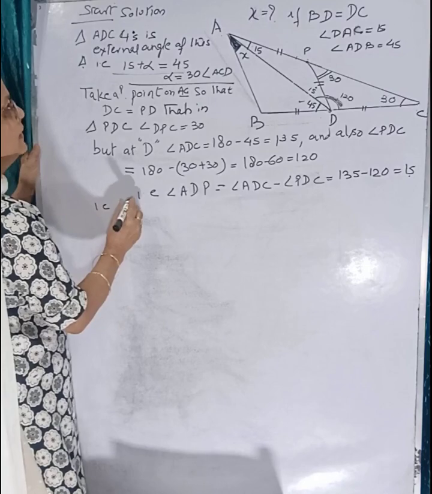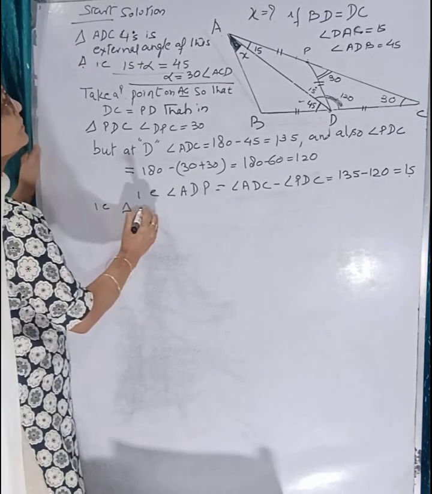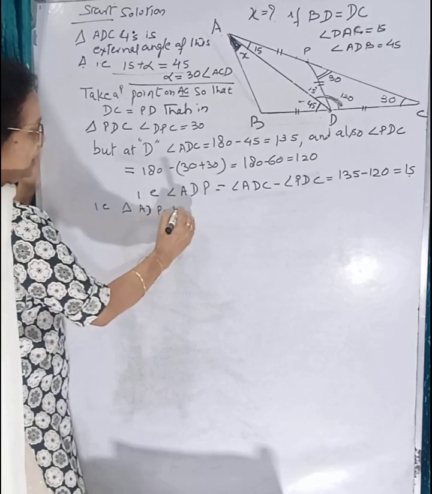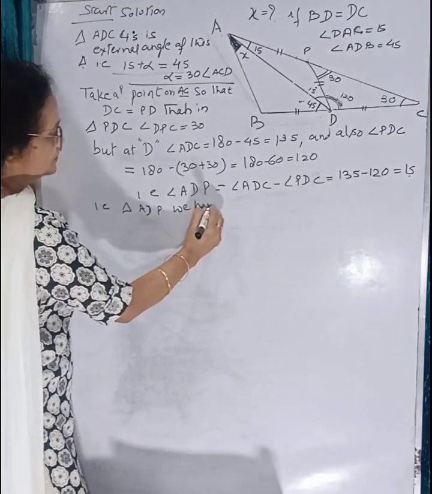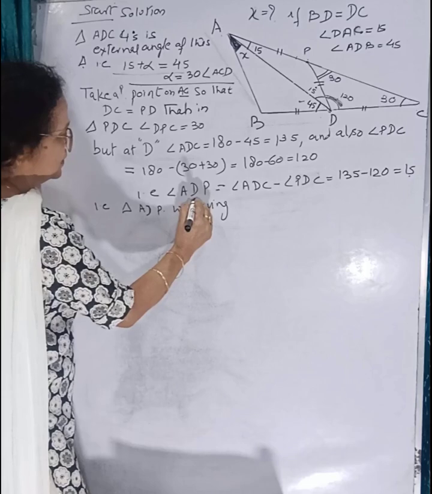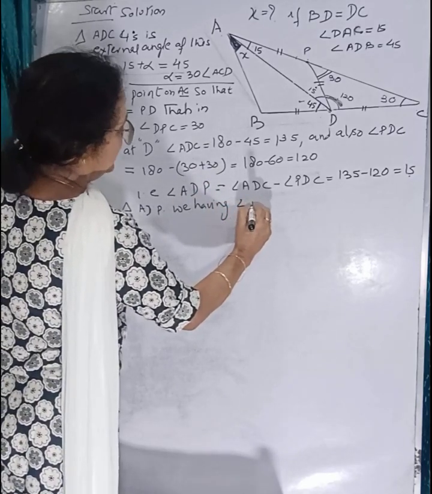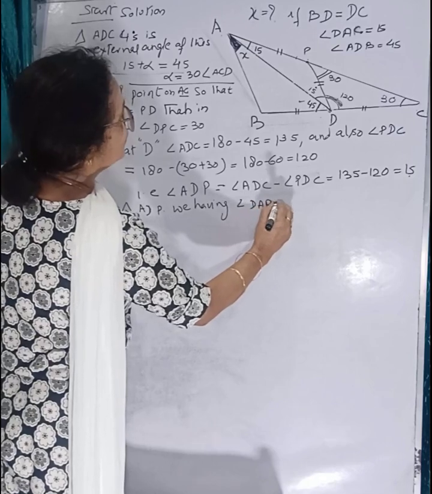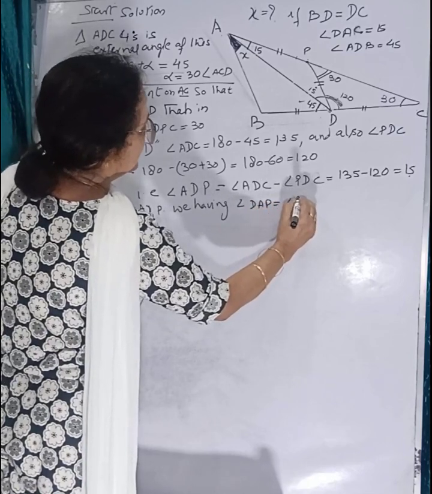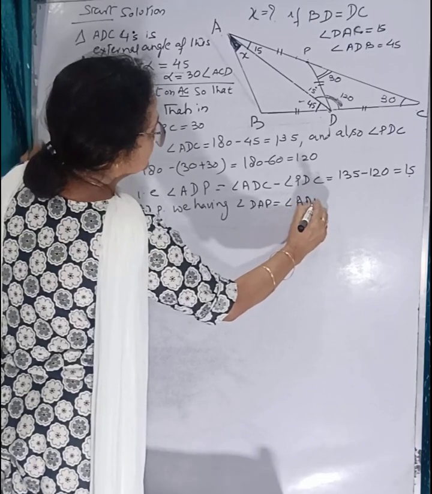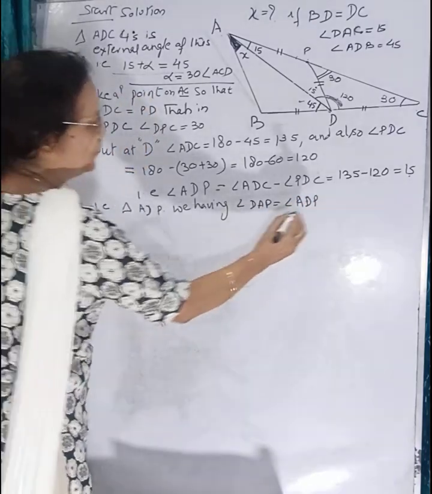It means in triangle ADP we are having angle DAP equal to angle ADP, which is 15.